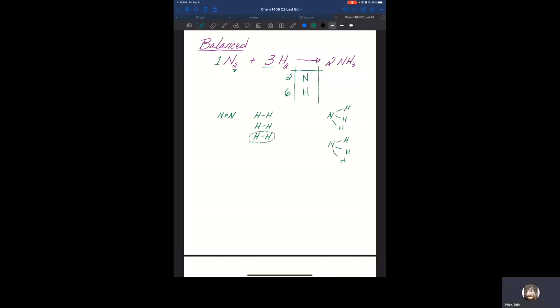That means that I have 2 nitrogens and 6 hydrogens. So my coefficient, I will distribute through. And these are multipliers.